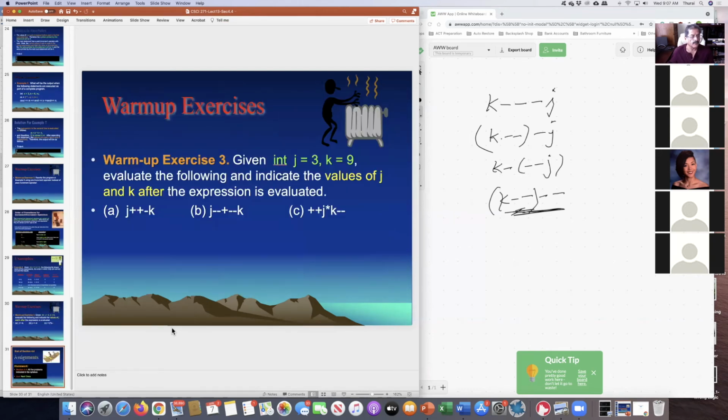All right, so moving on to the warm-up exercise. If J is 3 and K is 9, what will be the values of both J and K and the expression? You had to give me 3 numbers: the value of J, the value of K, and the value of the expression given to you. Start with the first one.